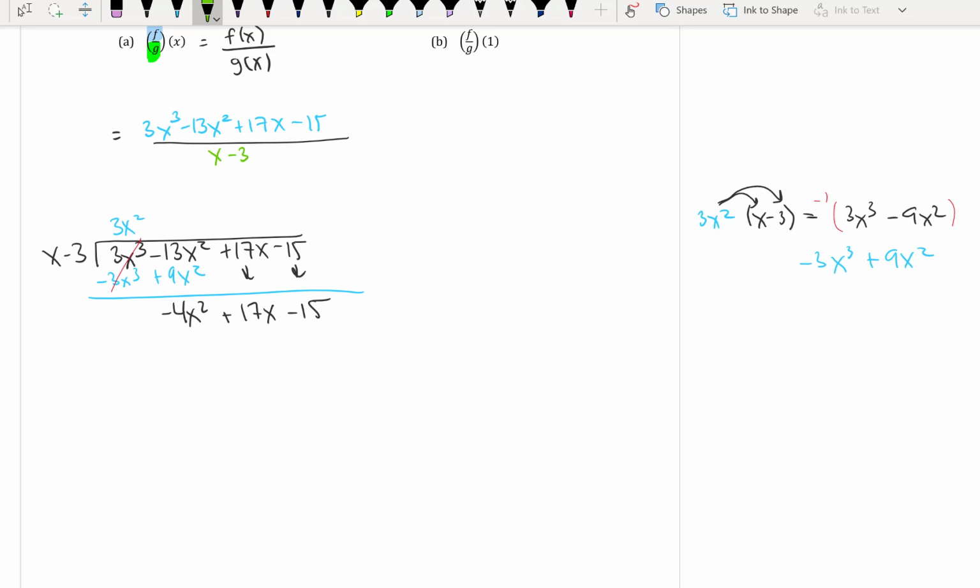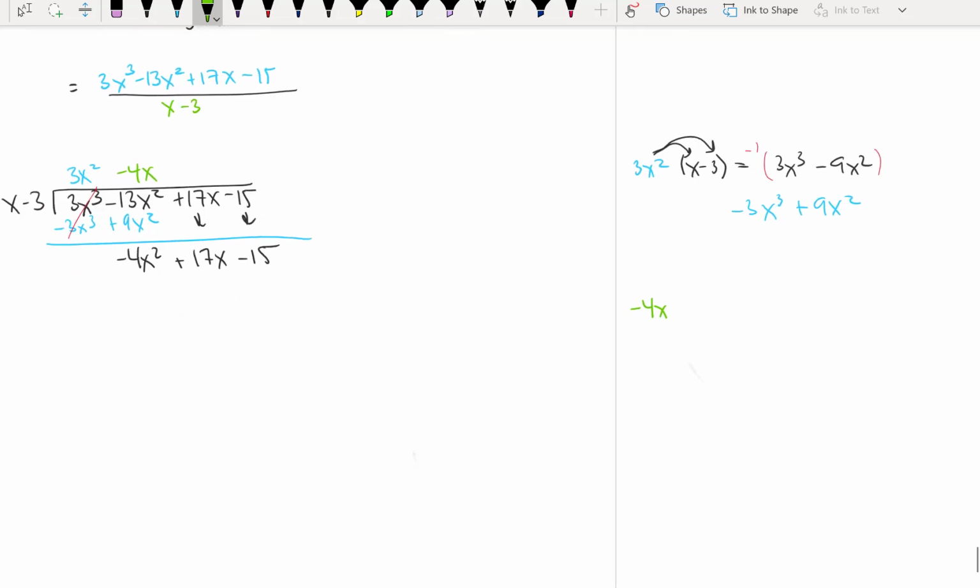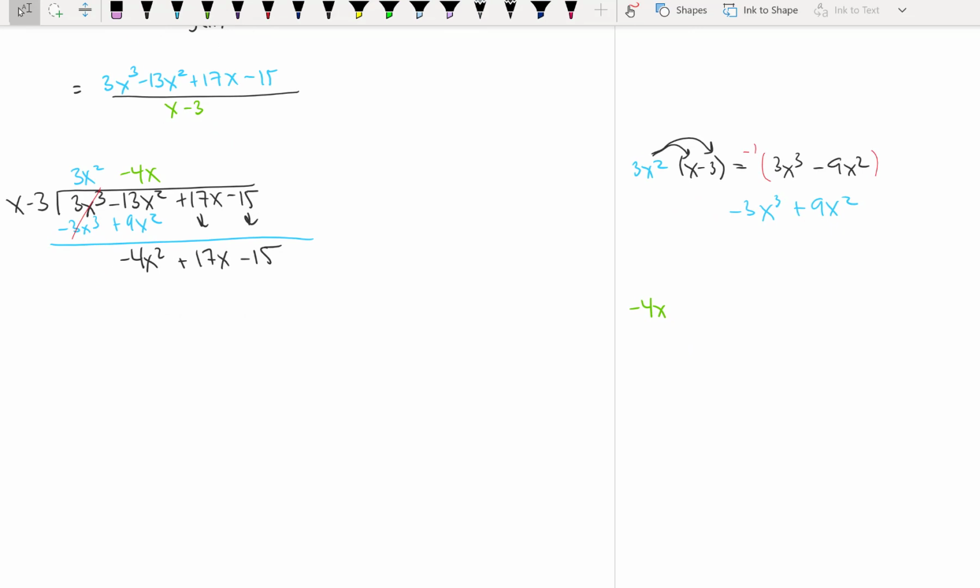And I repeat the process again. So x into a negative 4x, that's going to be a negative 4x. If I have a negative 4x, that's multiplied by my x minus 3, I would get negative 4x squared plus 12x.